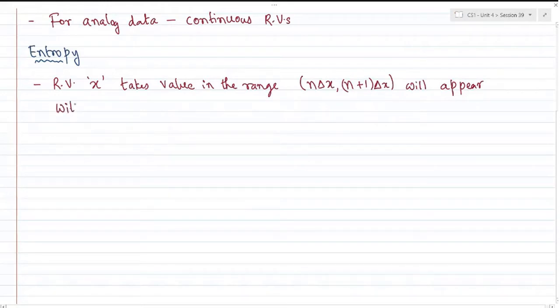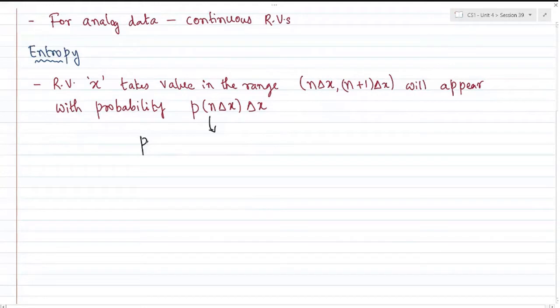with probability, since we need to know the probability as well to define entropy, which defines the uncertainty. With probability, we can define this as small p of n delta x times delta x, where this small p of n delta x indicates the probability density function.